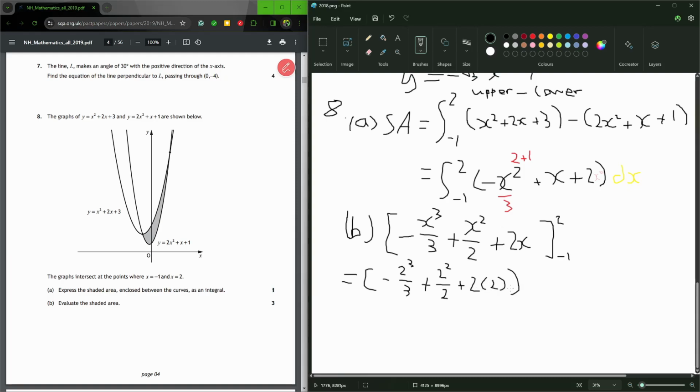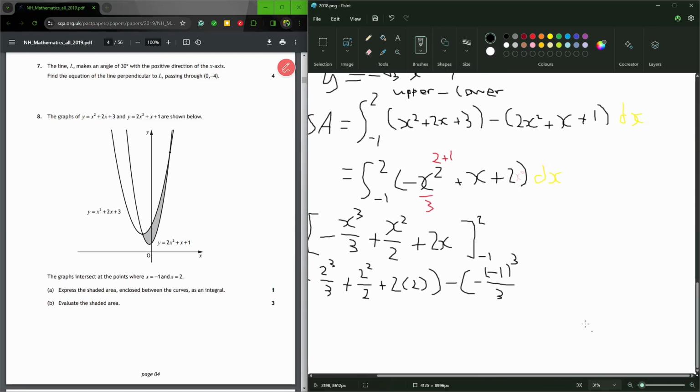And that's that done. And then we need to do minus 1. So minus 1, and we'll put this in brackets, because when you're doing powers of minus 1, it's helpful. Otherwise it might be read as minus the power rather than a power of a minus. So just remember to put it in brackets. Especially when you're putting it in the calculator, it makes it far easier not to mess up.